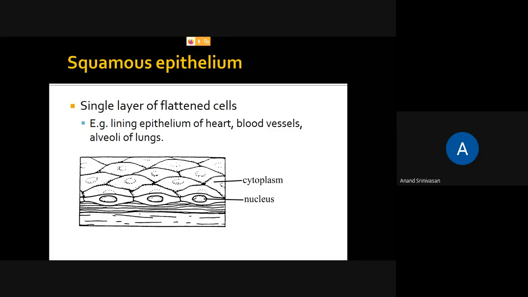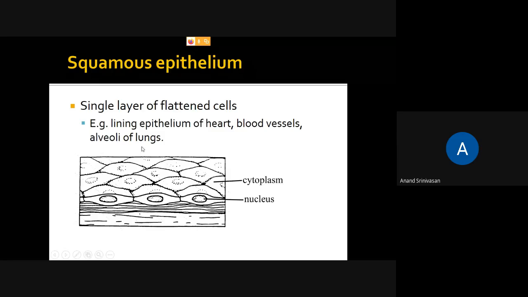All right. What is the meaning of simple squamous epithelium? Simple means it's a single layer. Squamous means flat cells. The outermost layer is covered by flat cells. Where is it found? It is found in the lining epithelium of the heart, blood vessels, and alveoli of lungs.